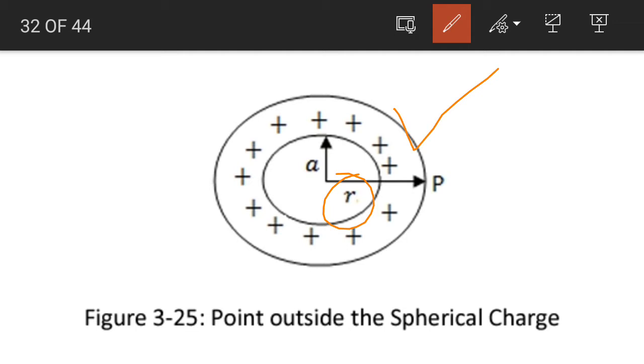So we consider a Gaussian surface of radius r, and the entire source is located inside the Gaussian surface. So here is the Gaussian surface, which is in the form of a sphere of radius r, and here is the source, and you see the entire source is located inside the Gaussian surface.